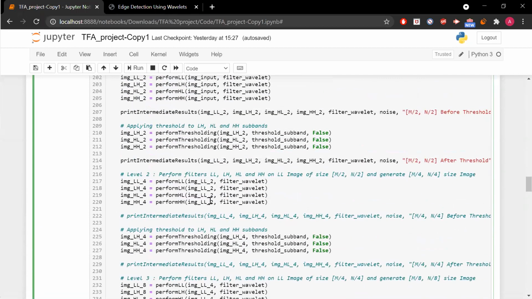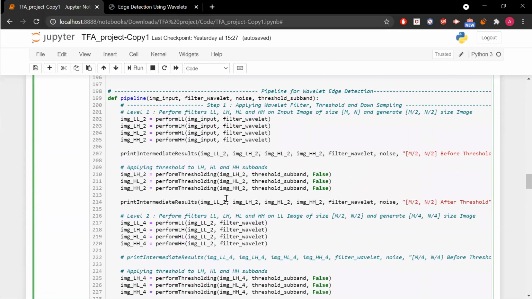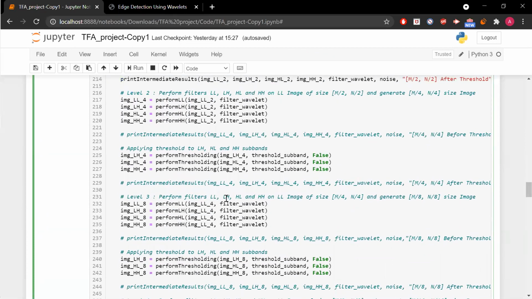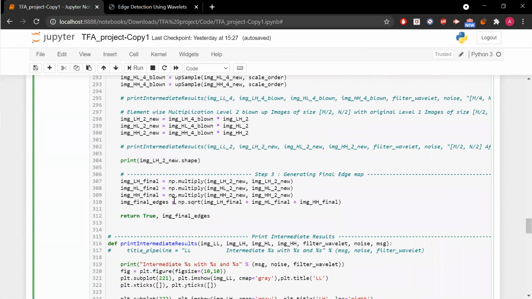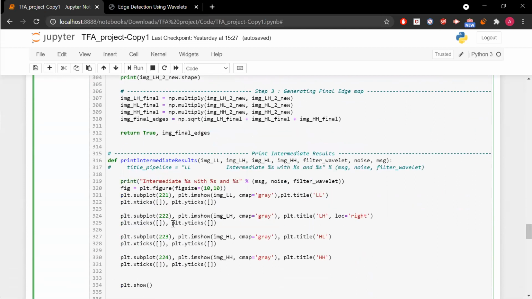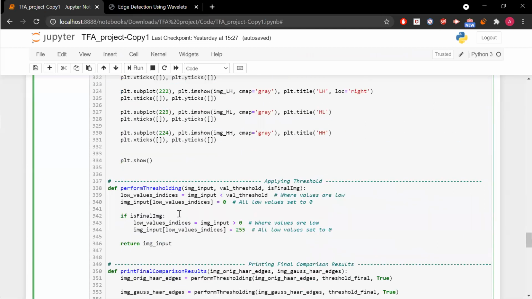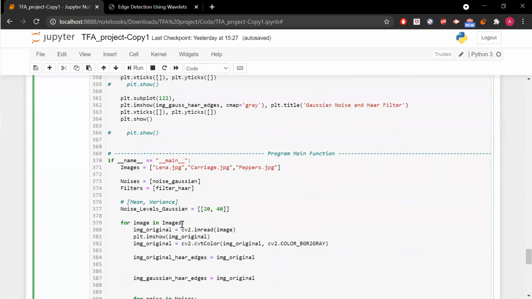So basically, this pipeline function will perform all the things which we have discussed in the block diagram. In the final step, we'll multiply all the subbands, add them, and take a square root. We'll then return it. These two are the print functions for printing the outputs.